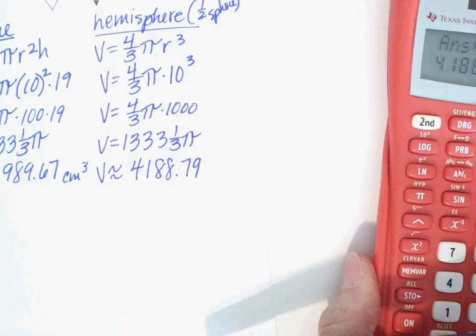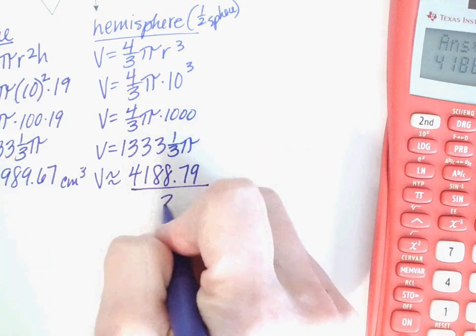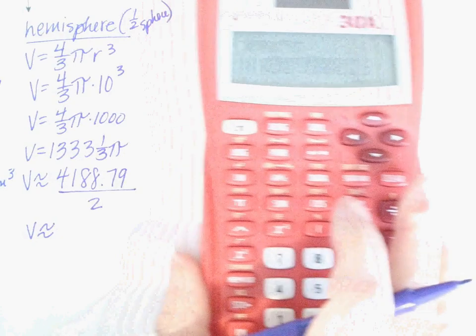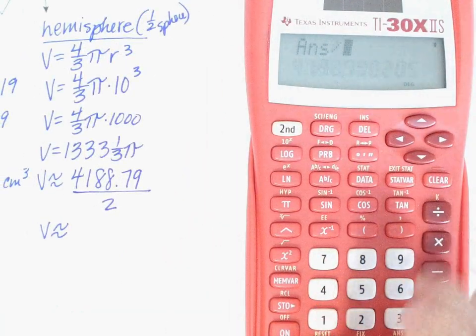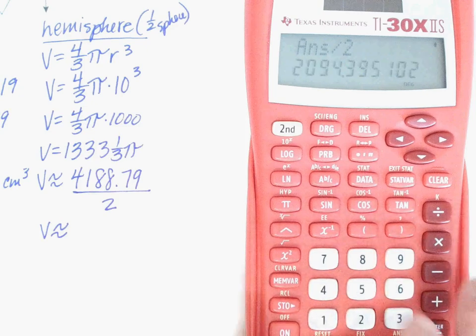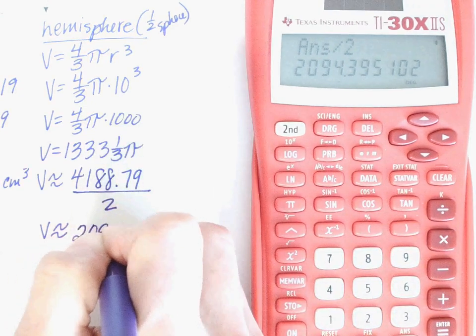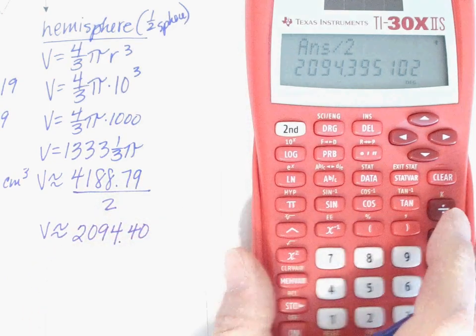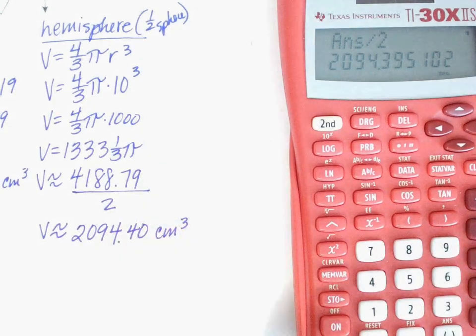So don't forget, take this, multiply it by 1/2 or divide by 2. So in my calculator, I'm just going to leave what I have. I'm going to hit divided by 2. And then I get 2,094 and 40 hundredths. Okay? And it's centimeters cubed.